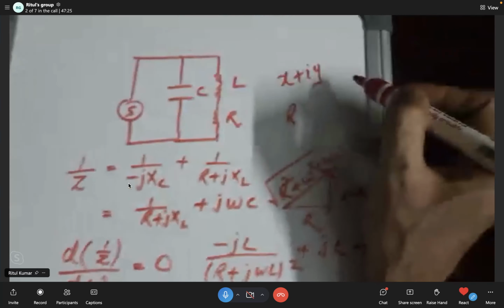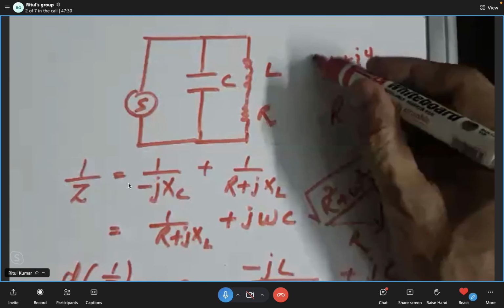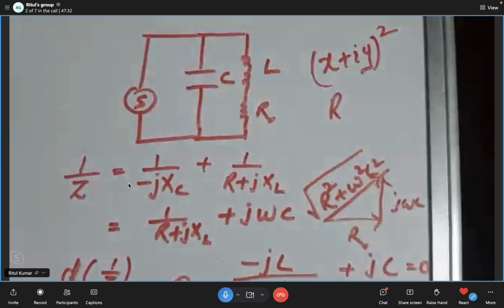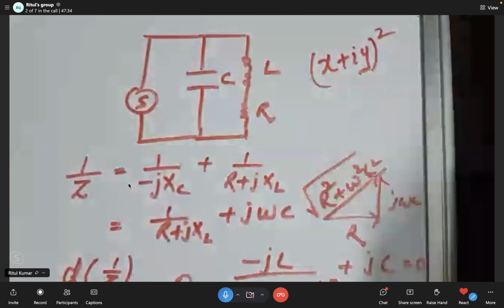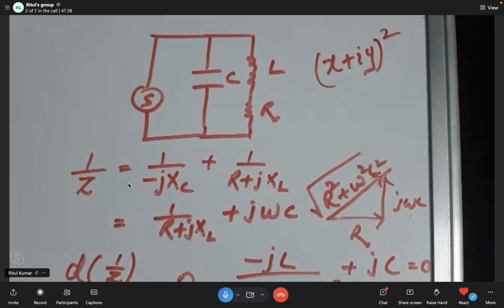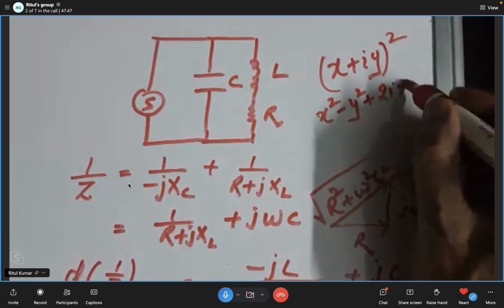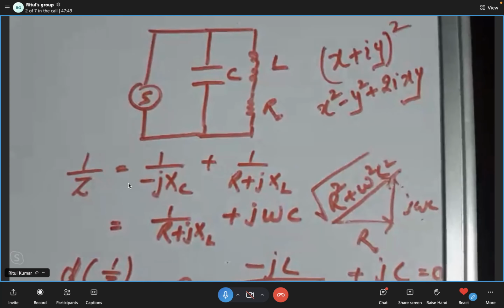Yes. And then what will be X plus iY whole square? So it'll be just manually squaring the terms: x squared minus y squared plus 2ixy. This is what you'll be doing? Yes.